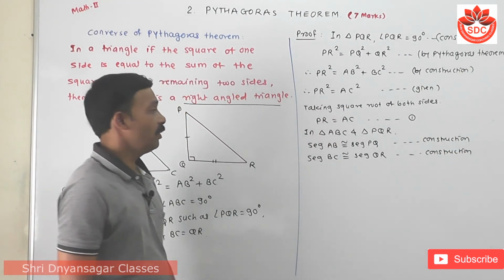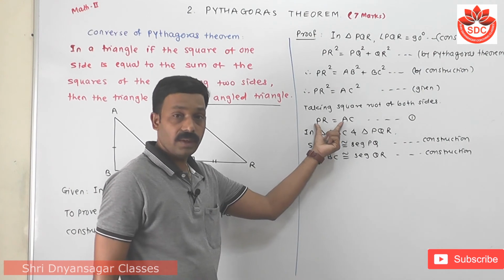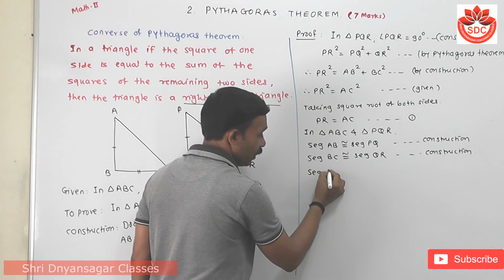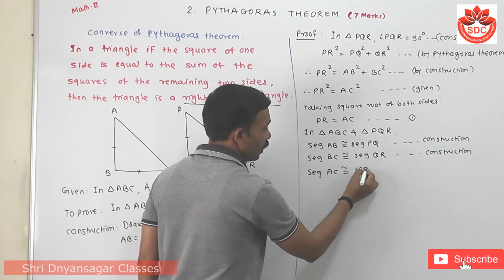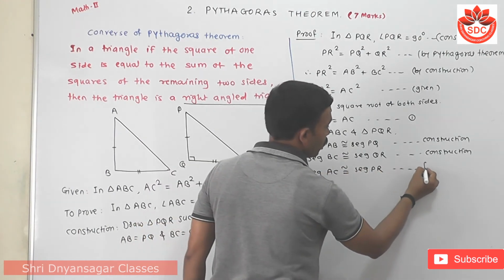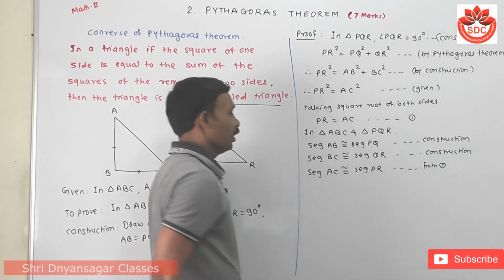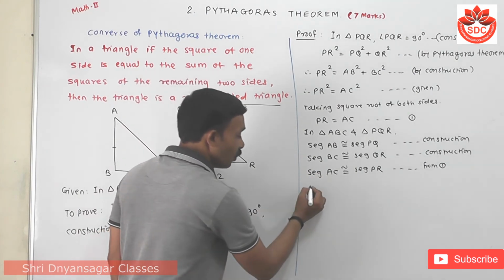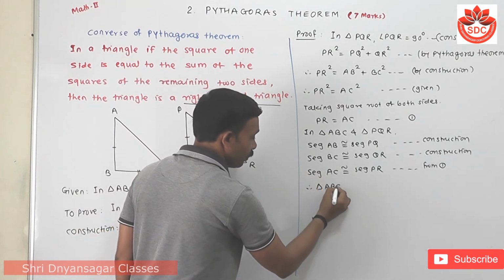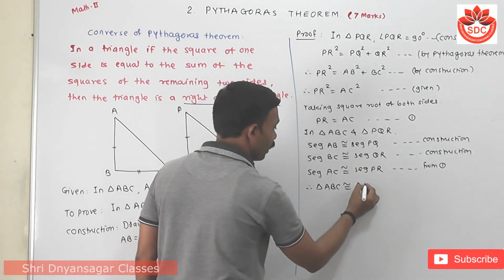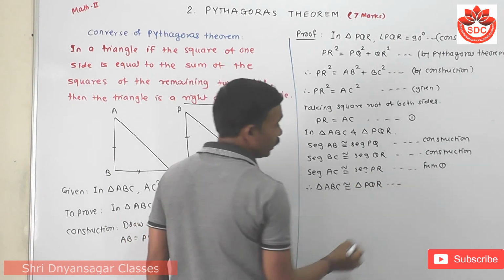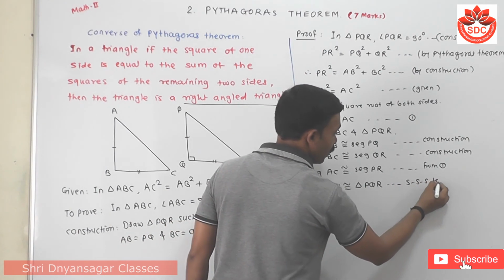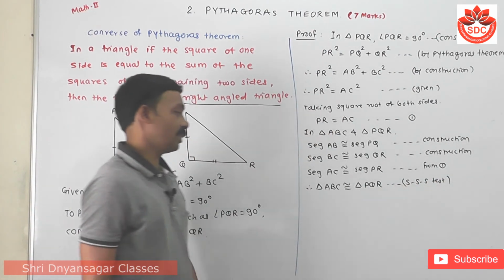Then by using equation one, segment AC is congruent with segment PR. Now these three sides are congruent, so the two triangles are also congruent. So triangle ABC is congruent with triangle PQR, by the side-side-side test of congruency.